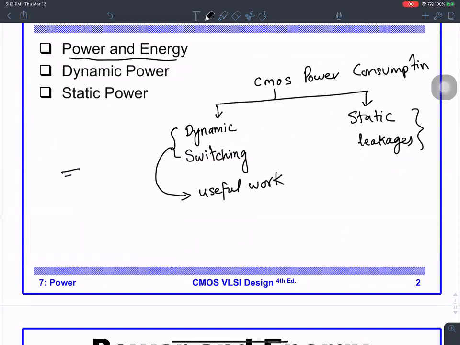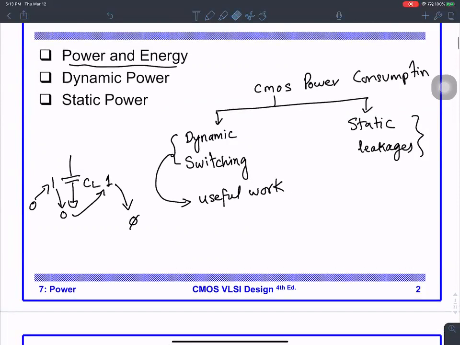It is switching the load capacitance from 0 to 1 and 1 to 0, charging the capacitance from 0 to 1 and discharging. As a matter of fact, we saw how this charge and discharge cycle happens. I'm going to talk about that a little bit more.